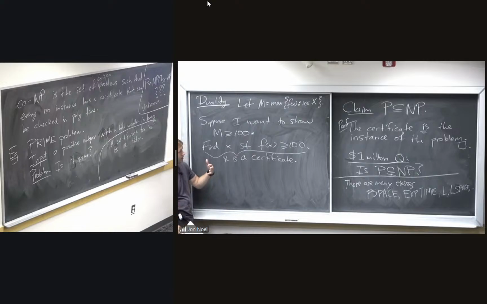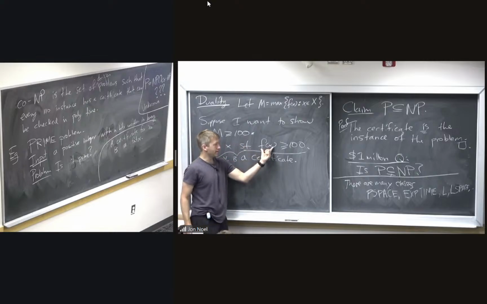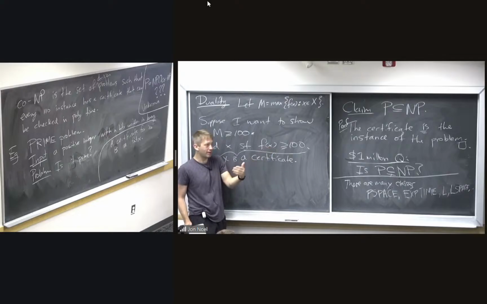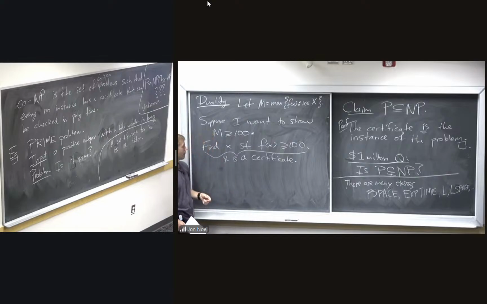And if this function f can be computed in polynomial time for any given x, then this is a good certificate, a polynomial time checkable certificate. But here's the thing: what if I wanted to prove that M is at most 100?